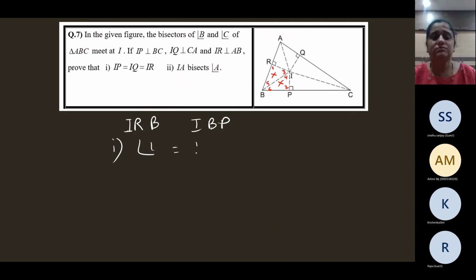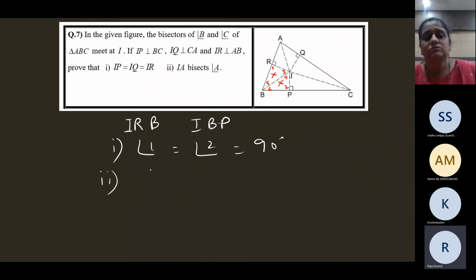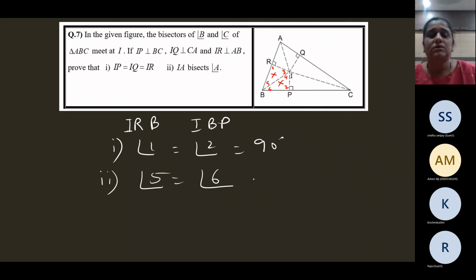Measure equal to 90 degrees. Angle 5 is equal to angle 6 because it bisects angle B. It bisects means who bisects? IB bisects angle B.